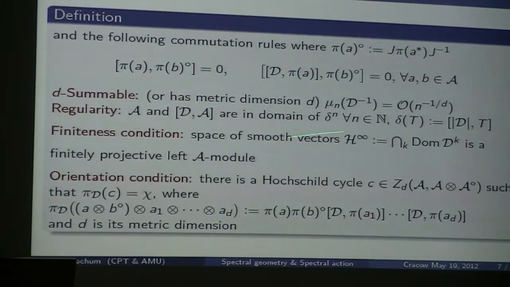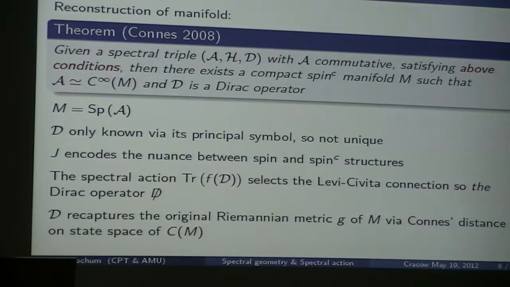So this axiom is just to define this Sobolev scale. And you have another condition, let's call it the orientation condition, which tells you that the chirality, so gamma 5 if you prefer, is given essentially by some Hochschild cycle.